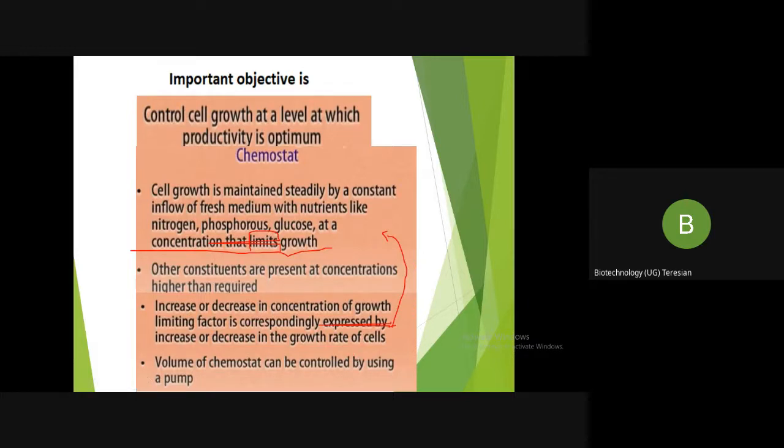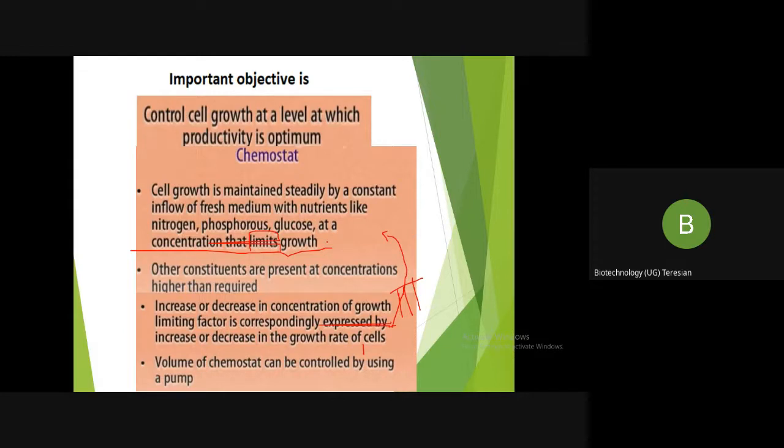So all your organisms, suppose this is one organism, this is another organism, this is another organism, they are not at a uniform stage, they are not exponentially uniform. Okay, they are not in a steady state. To bring everything into the steady state, you have to limit any of the nutrients.